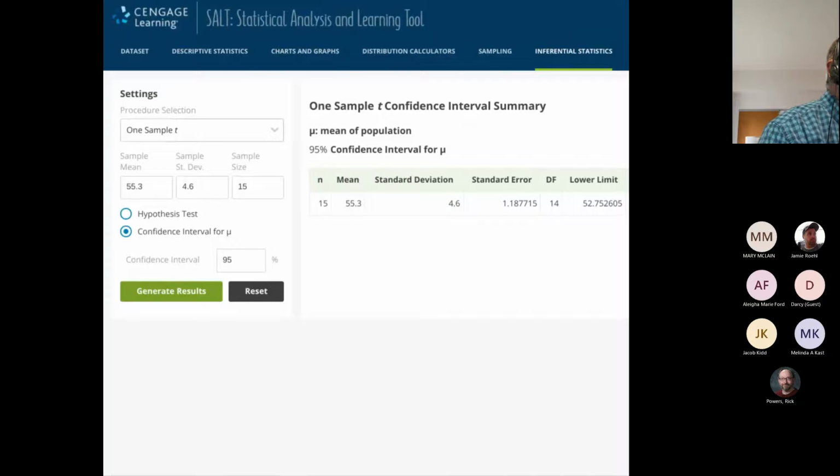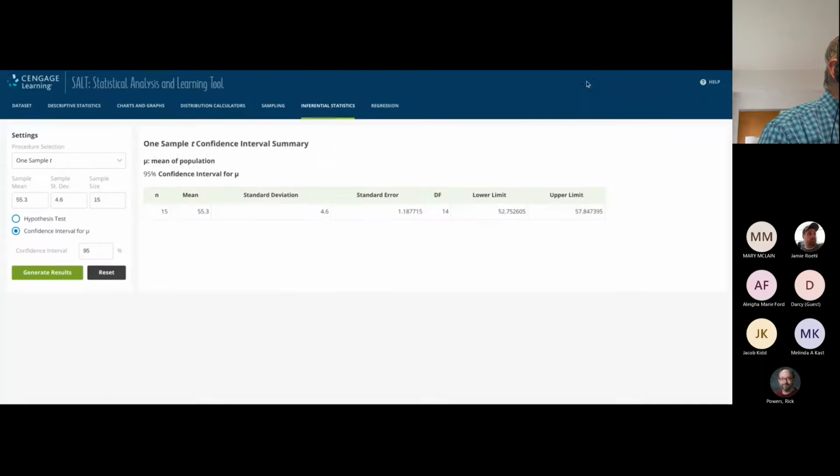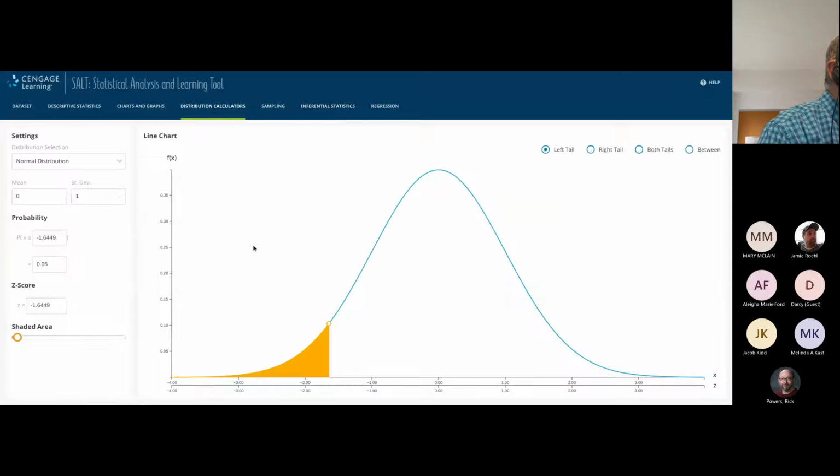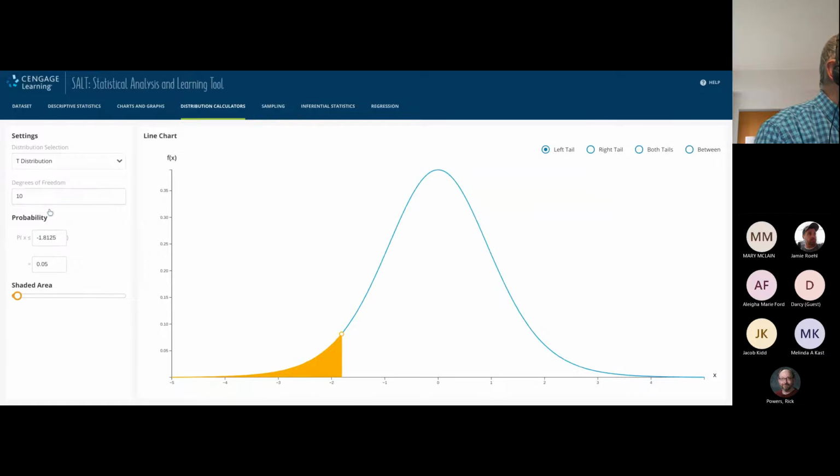So what we're going to do is go out to SALT again, and look at our distribution calculator. Here we had the normal distribution with Z-scores, which was fine. But if we pick the T distribution, it's going to look a little bit different, and it's going to be based on this thing called degrees of freedom.